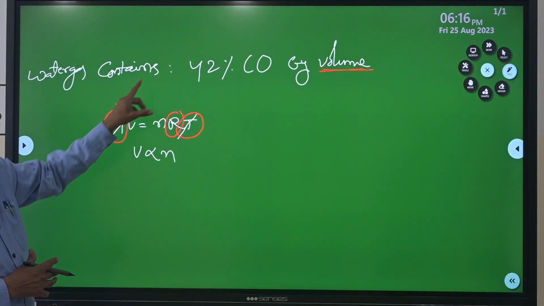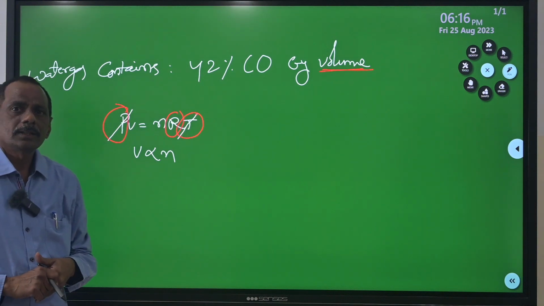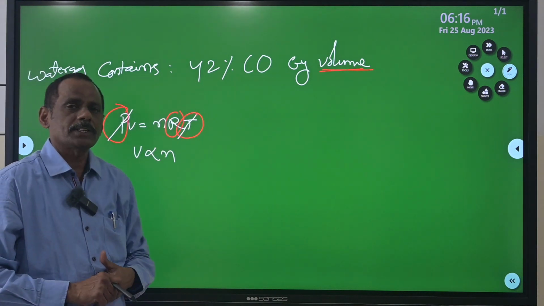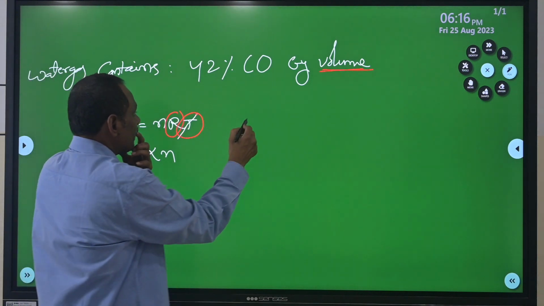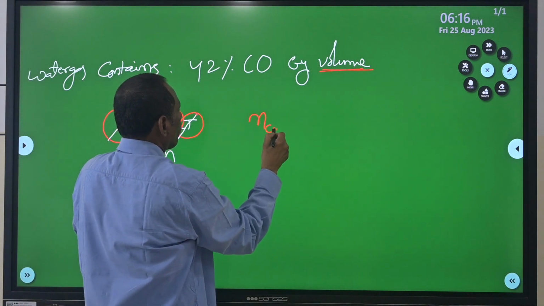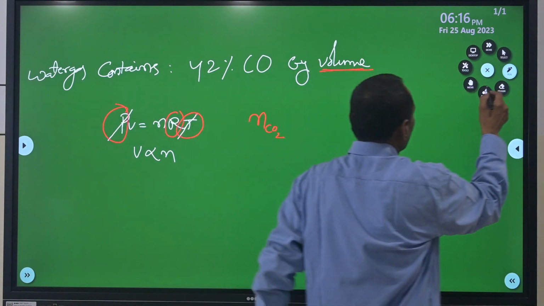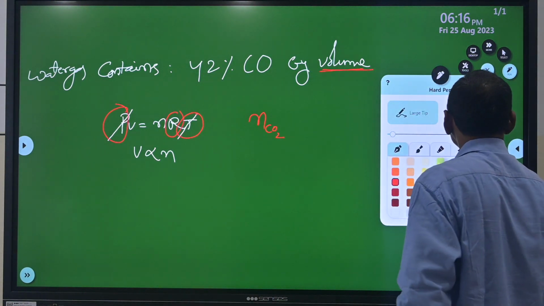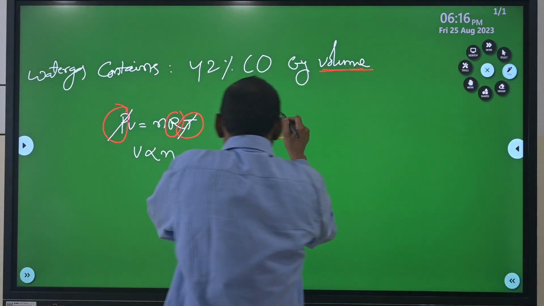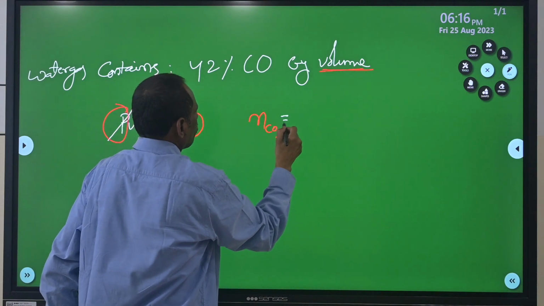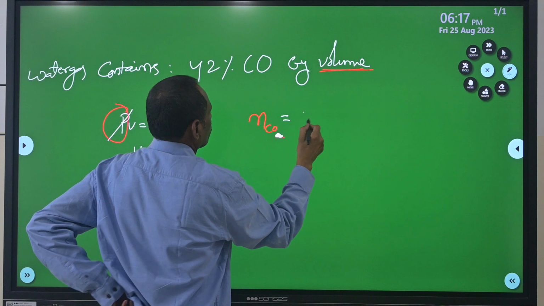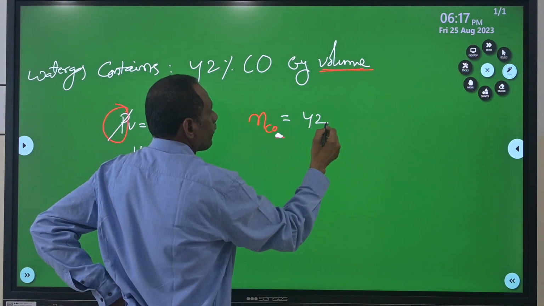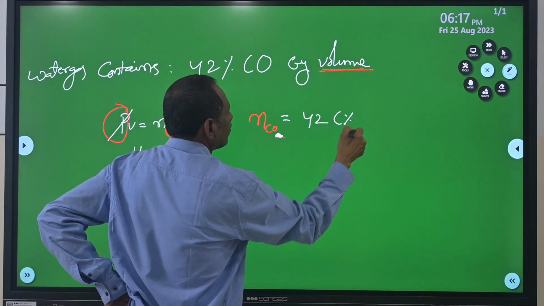Therefore, from the data given in the problem, the water gas contains 42% of carbon monoxide by volume. That means the number of moles of carbon monoxide may be taken as 42, because it is percent.